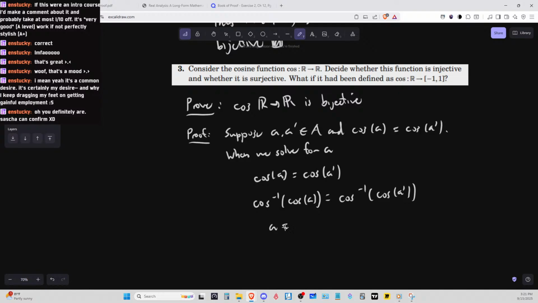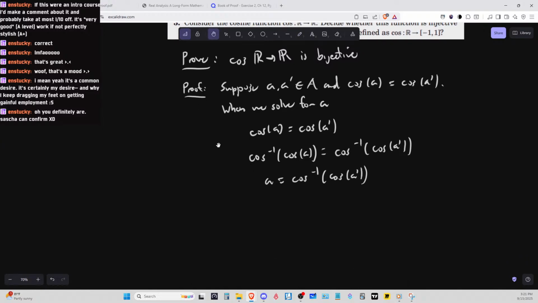It's been a while since I've done the inverse of cosine. I mean, for some reason I feel like it looks like a mess.